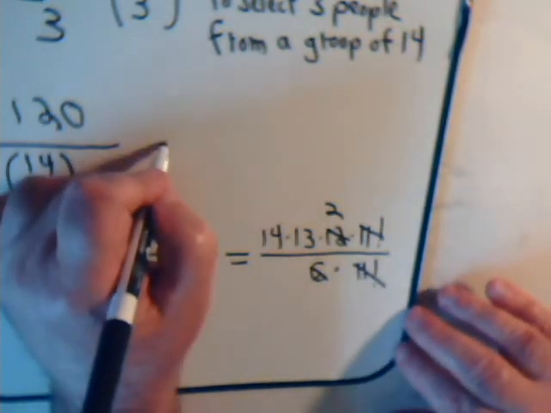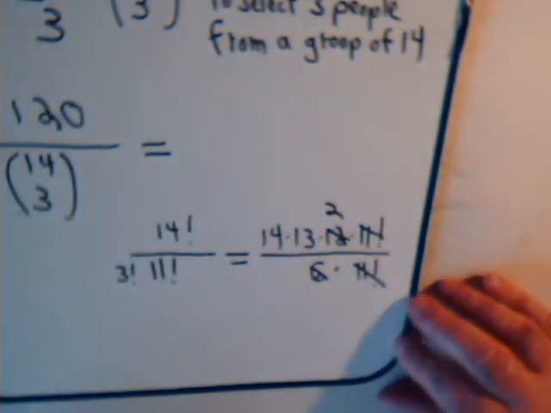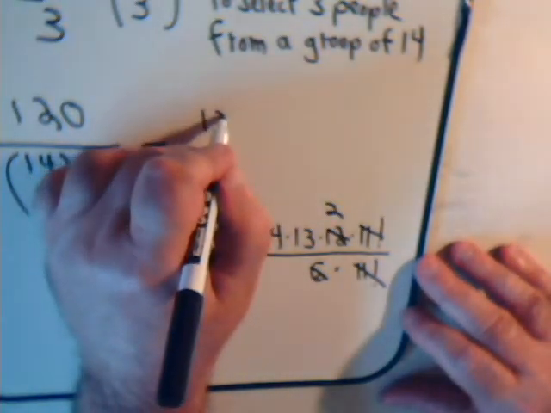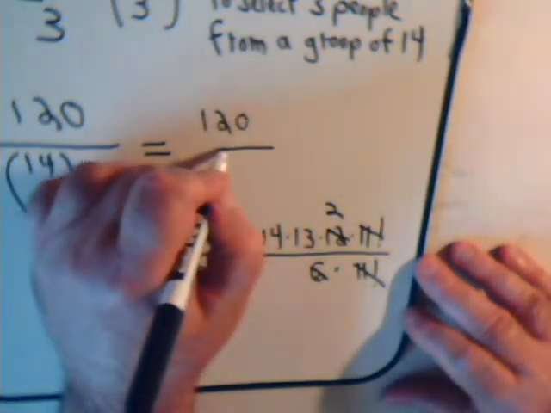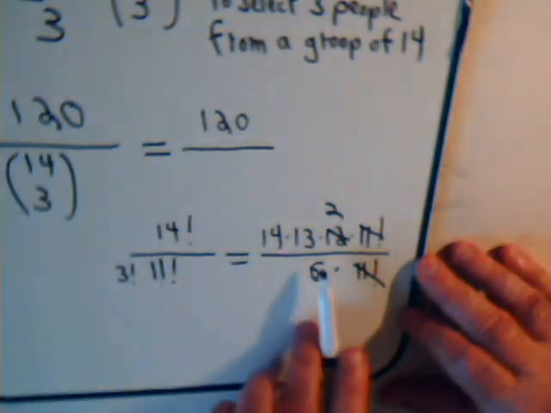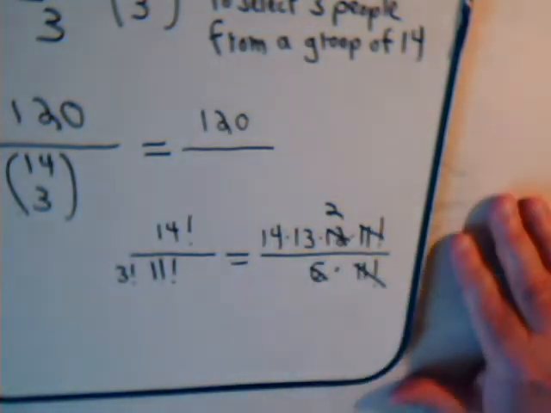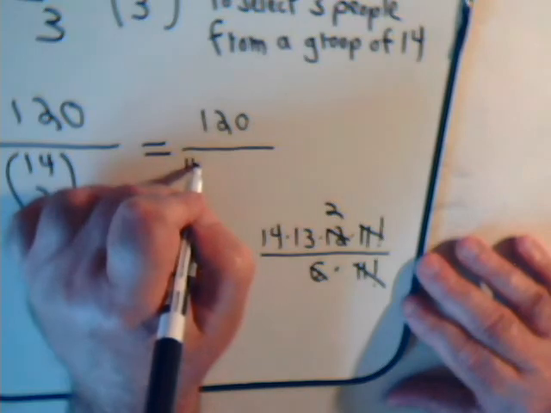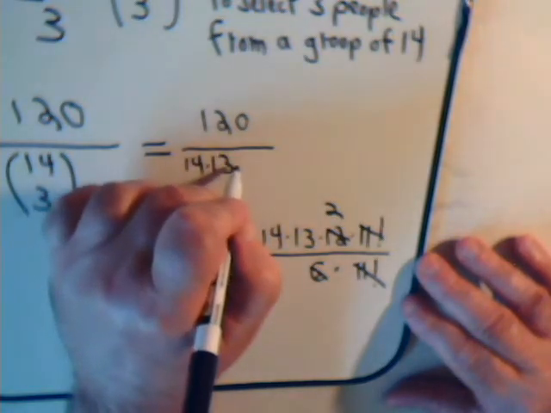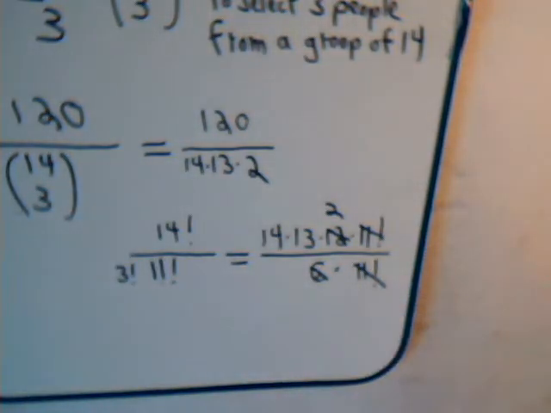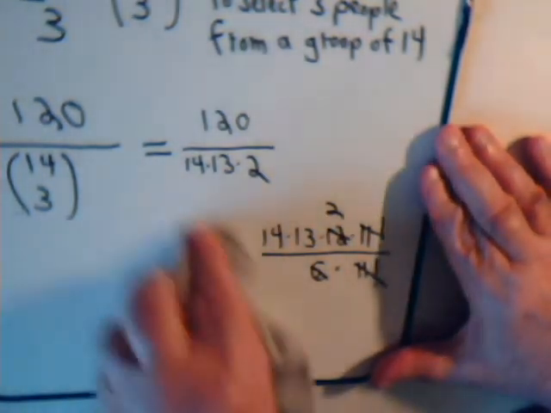So this expression here is equal to 120 divided by 14 times 13 times 2. Okay, let's make some room. We're almost at the end now.